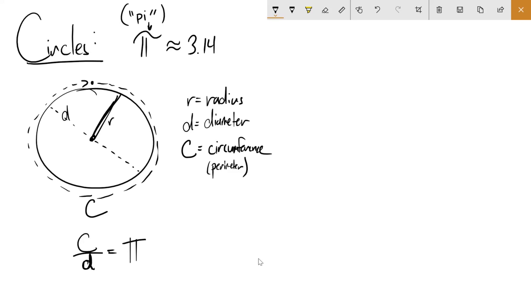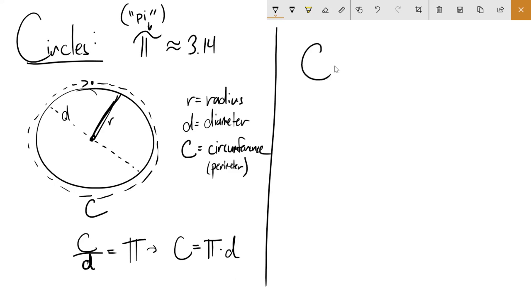And then there's a couple formulas. Okay, so you can do a little bit of algebra here, and the fact that that's true tells you that you can actually calculate the circumference of a circle by taking pi times the diameter. So that's one formula that we'll use.